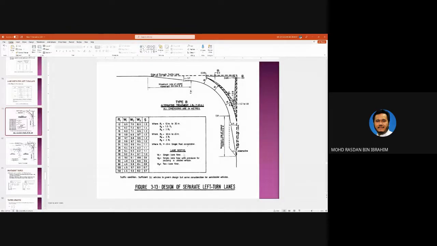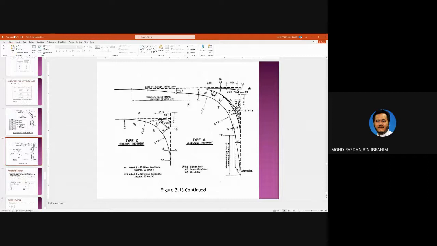Okay, saya dah lupa pula ni sekejap. R1 12 meters to 30 meters. Sekejap saya nak kena ingat semula. Where R1 kat sini.